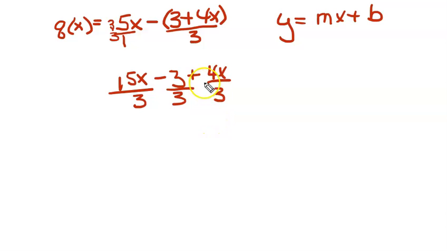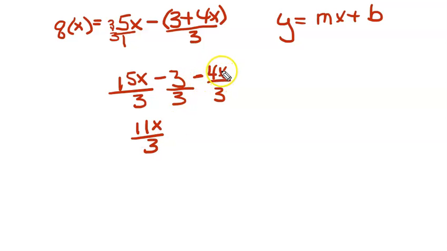All right. Now we have like terms. This is going to be, and I need to change this sign, which I forgot to do here. Sorry about that. This is a negative. Okay. So this is a like term. This is a like term. This becomes 11x over 3.